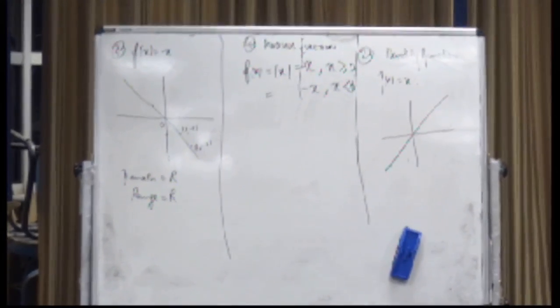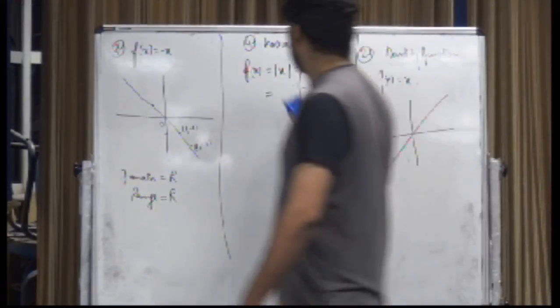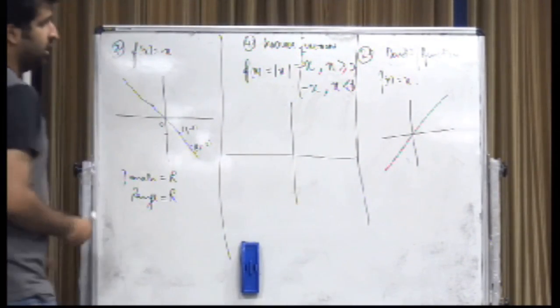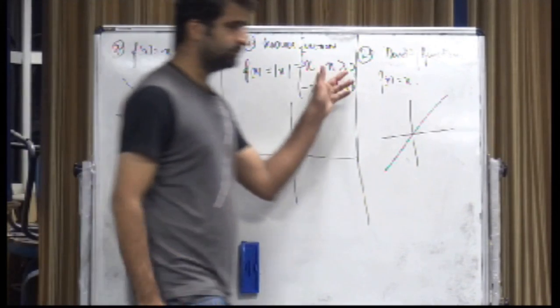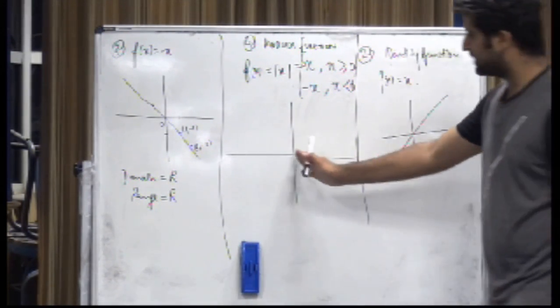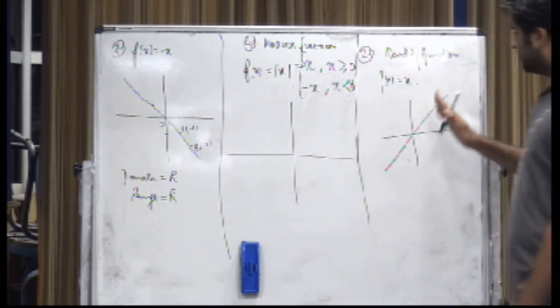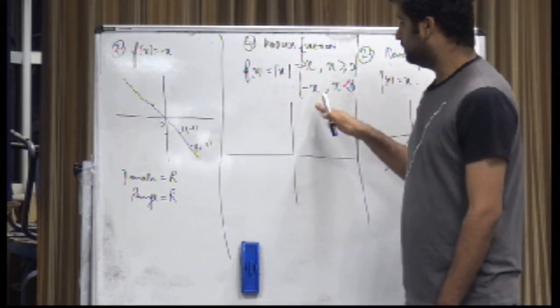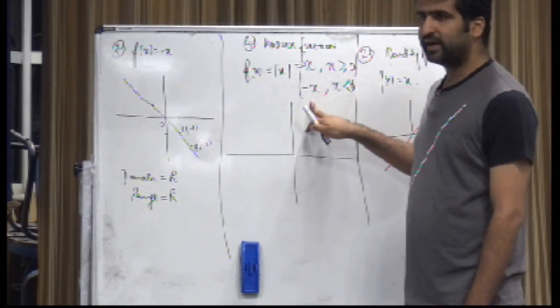Okay. So the graph for this one will be, now see, for x greater than equal to 0, it is satisfying f(x) is equal to x. So for all the numbers which are greater than 0, it will satisfy the graph of this one. For all the numbers less than 0, it will satisfy the graph of minus x.